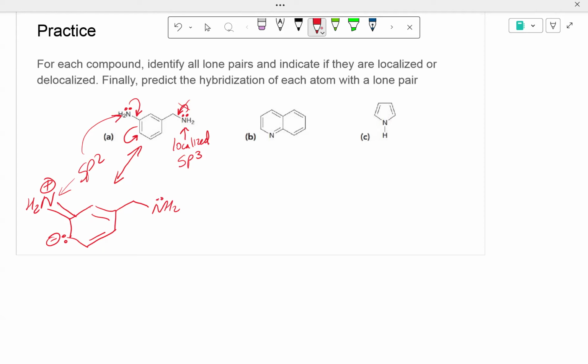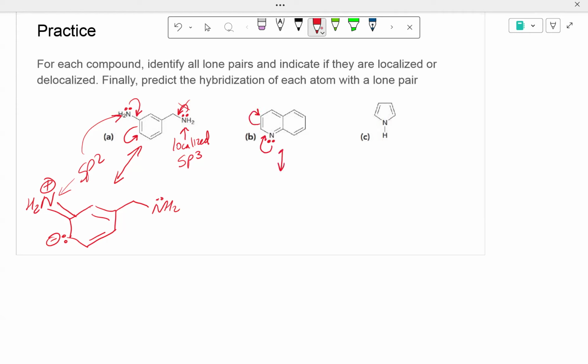Now let's look at B. I'm going to draw the lone pair in on that nitrogen. Can I delocalize this into the ring? Now I want you to look very carefully, because you might say, oh, sure, I can take this here and move this here.